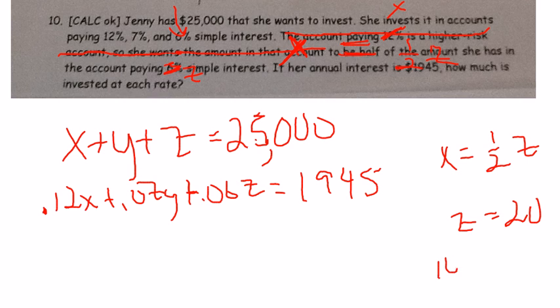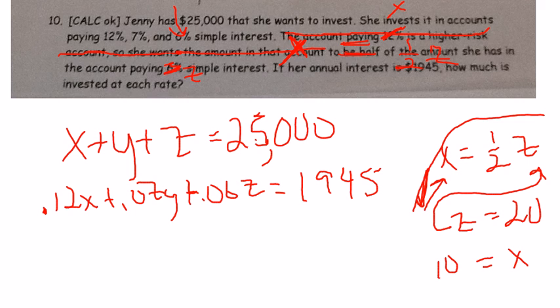Half of 20 is 10. So now plug this into that equation and verify that you get 10. Yup, good, it works. I want you to check that because those are the easiest problems to screw up, that last sentence that relates two of them randomly.